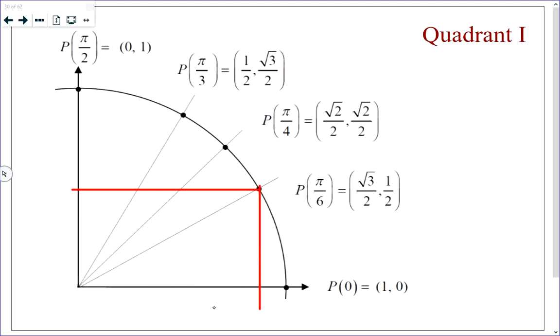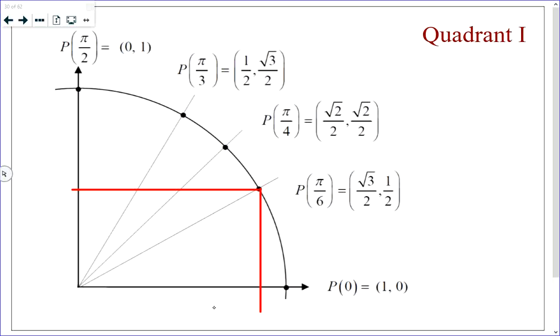On the other hand, the x-coordinate, if you look at it, is very close to 1. And we've done this calculation in class. You should know, or remember anyway, should be familiar to you, that root 3 over 2 is approximately 0.8 or 0.9. So it's very close to 1. And you can apply this idea to find the coordinates of any point on the unit circle.